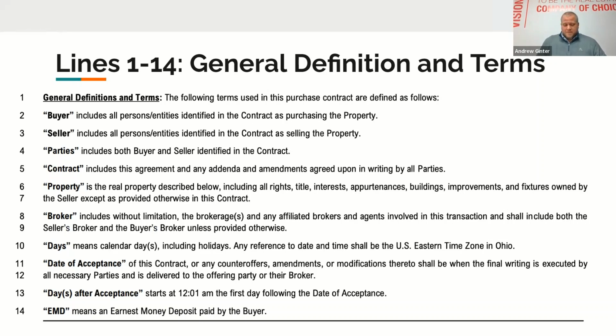Date of acceptance is another one on there that I think is interesting. That's the date the final offer was actually communicated as accepted to all parties. So if an offer was signed at 10 p.m. and at 9 a.m. the next day is when the agent who had to get the last signatures communicated that to the other agent or emailed the actual contract, that means 9 a.m. is the date of acceptance of that day, not the day that the signature is timestamped if it's an electronic signature.